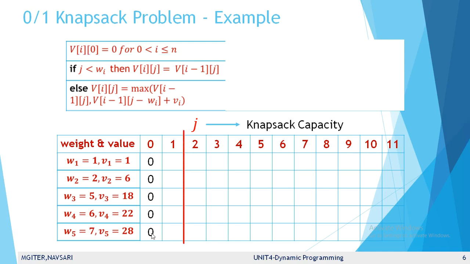Now in the second column, the knapsack capacity is 1 kg and the weight of object 1 is 1 kg and the value of that object is 1 rupee. So here we include the value 1. In the same way, here we have 2 options, weight 1 and weight 2, but the knapsack capacity is 1, so we include only the 1 kg weight in the 1 kg bag, and we cannot include the other weights.